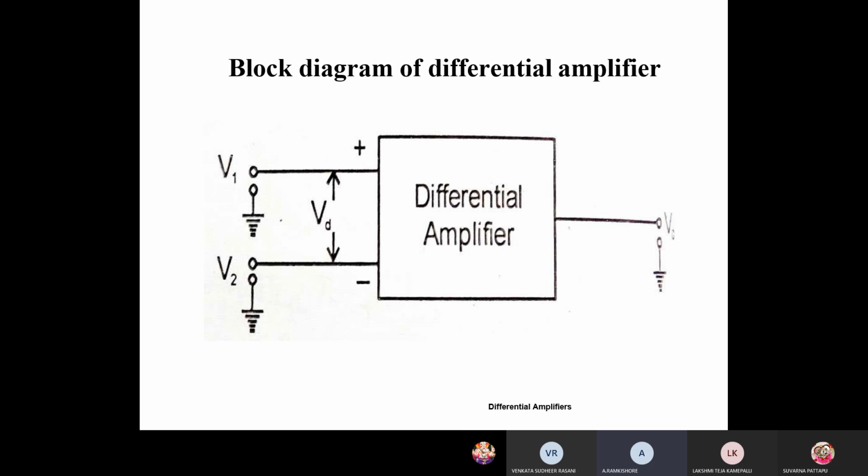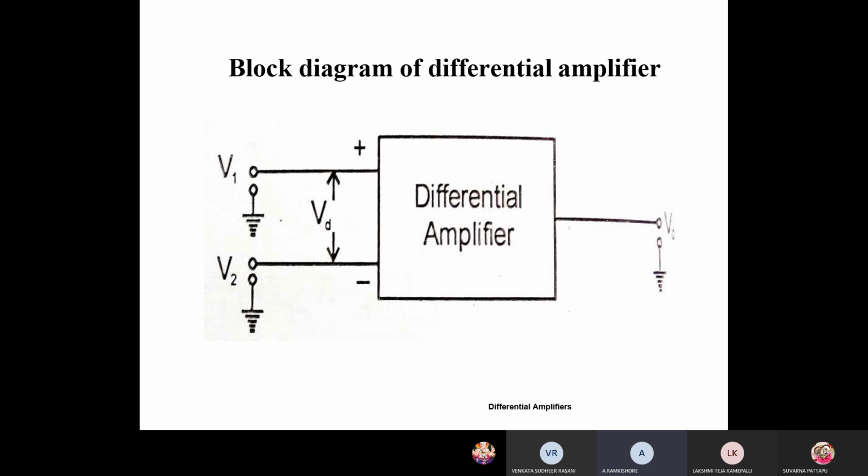In the block diagram, we have the inputs V1 and V2. At the input we get the difference, and that difference will be amplified.